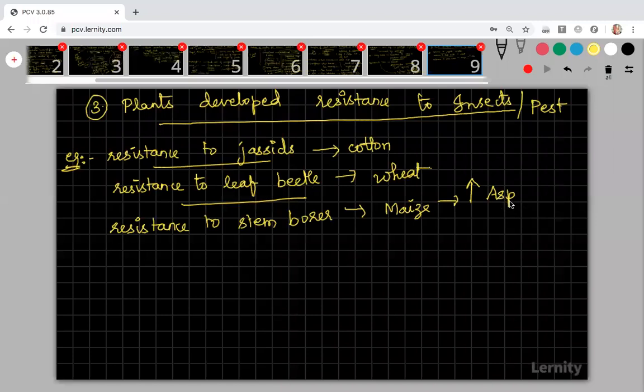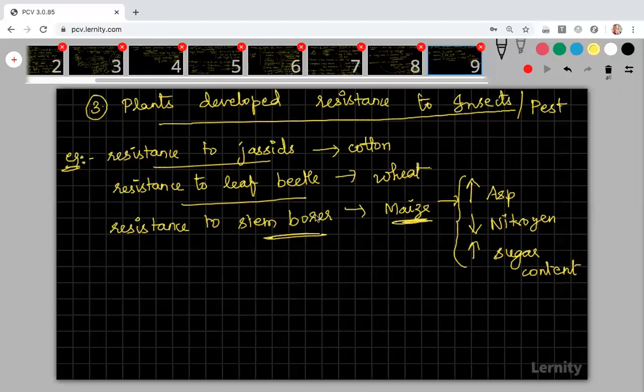You remember ASP, the amino acid aspartic acid, and it consists of low nitrogen and high sugar content. This variety of maize plant has these desirable characters. It is not only resistant to stem borer disease, but it also consists of high amino acid aspartic acid, low nitrogen and high sugar content. All these are other desirable characters present in the variety of maize plant created resistant to stem borer disease.